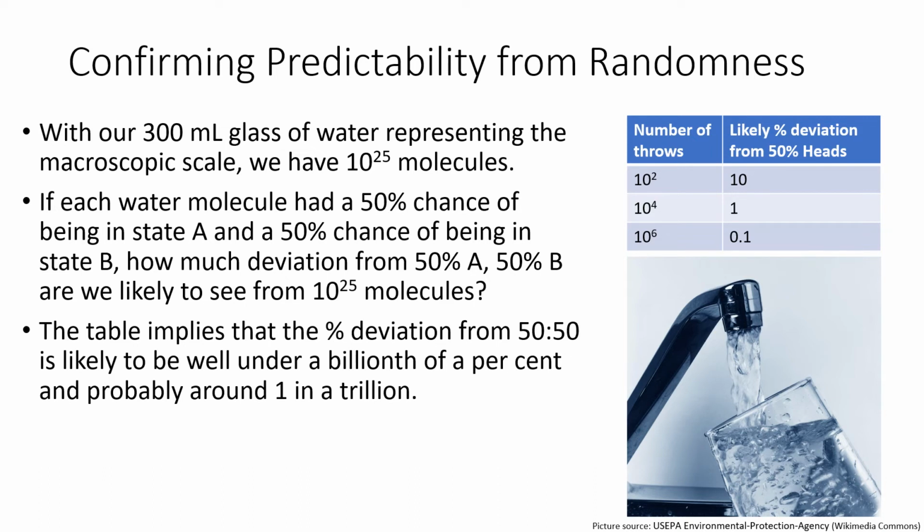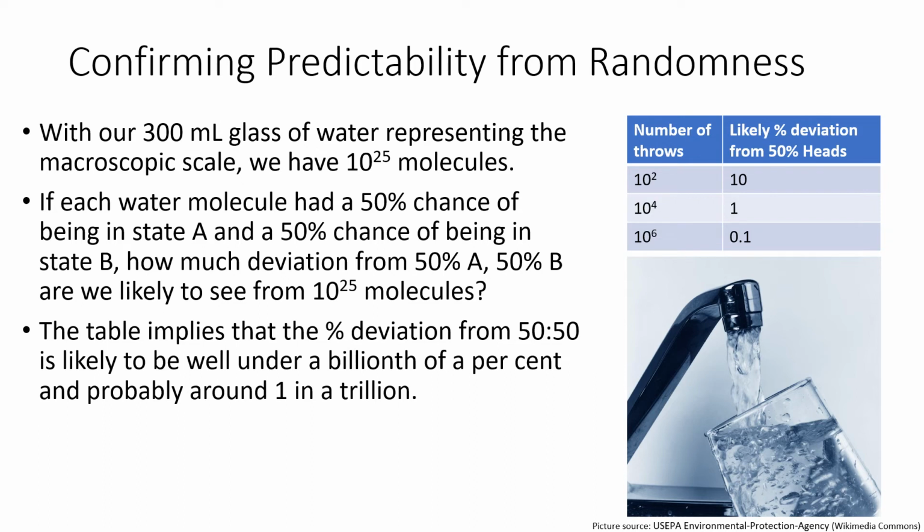So that means we go another 9 steps down from 0.1%. So the percentage deviation is going to be 10 to the power minus 10%, isn't it? That's an absolutely tiny deviation. 10 to the power minus 10 is smaller than a billionth of a percent, which would be 10 to the power minus 9.